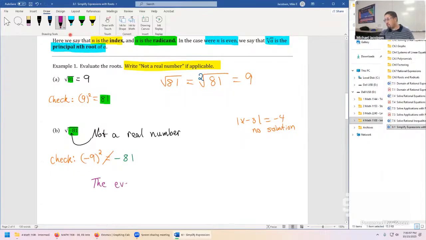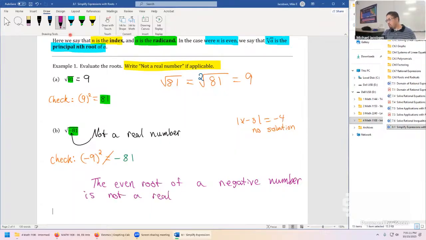The even root of a negative number is not a real number.